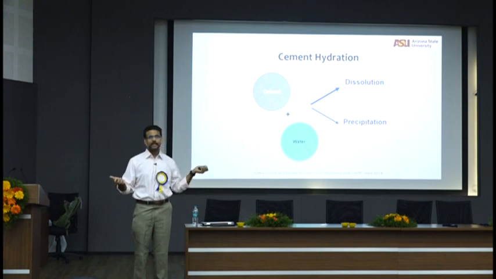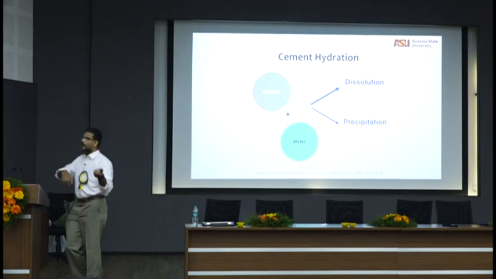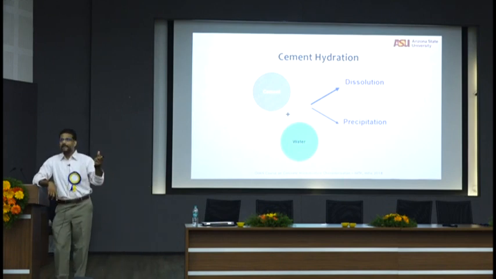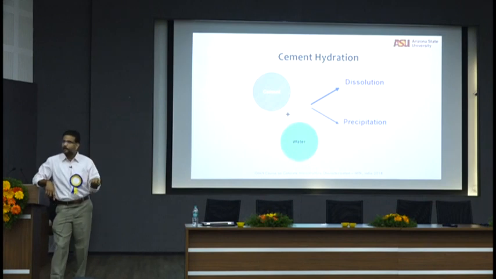Very similarly, you have an ionization process or dissolution of cement grains into its ions that will go into the water, into the solution. The water that you add ceases to be water anymore, it becomes an ionic solution. The strength of that ionic solution depends on how many ions have come from the cement to the water.